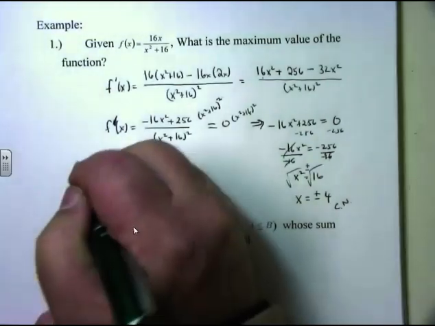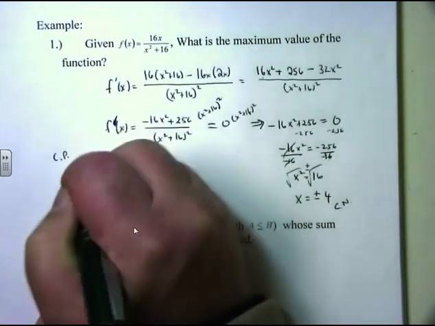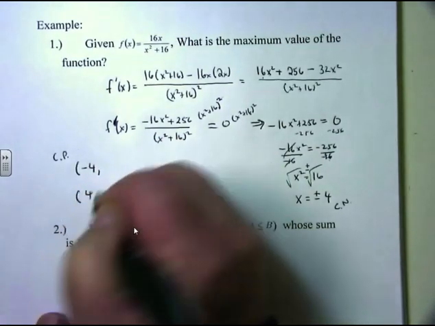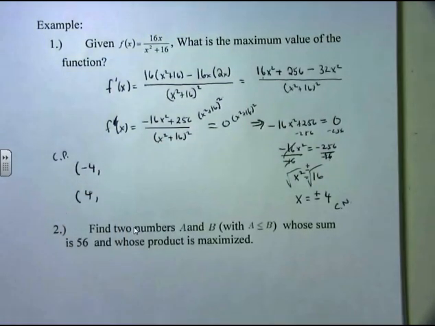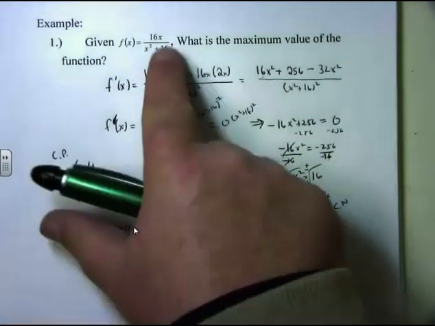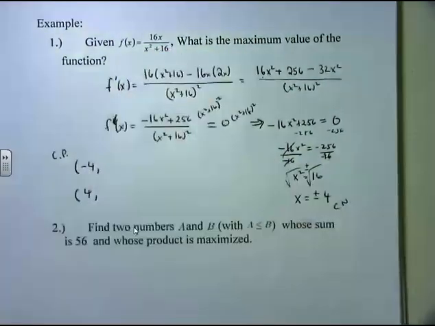Well, the only way you do that, now we're going to go after the critical points. So I got x is negative 4, and I got x is positive 4. So now I'm going to plug into my original equation to get the y coordinate. So I'm going to plug in negative 4.